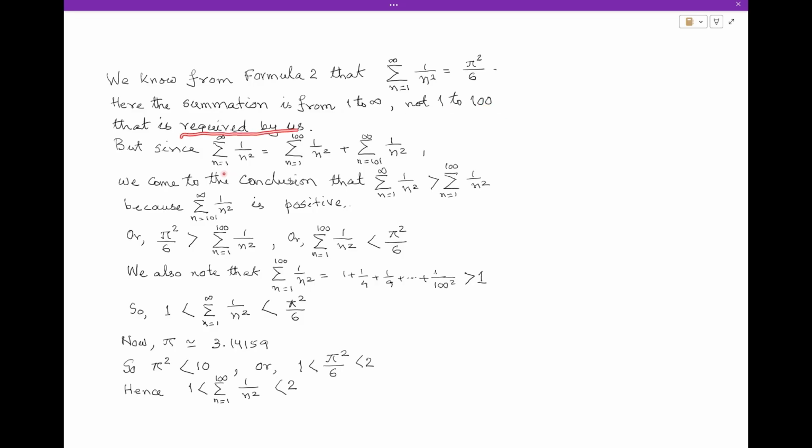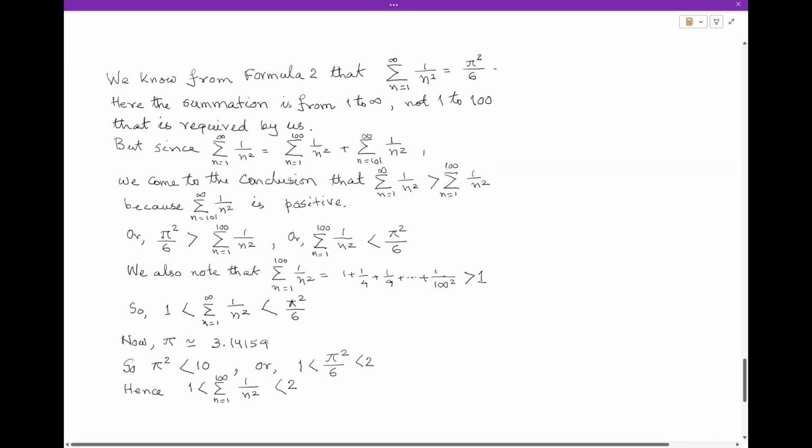But since summation of 1 to infinity of the term 1 by n squared can be written down as sum of two summations, the first one being n is equal to 1 to infinity 1 by n squared, and the second term is n is equal to 101 to infinity 1 by n squared.